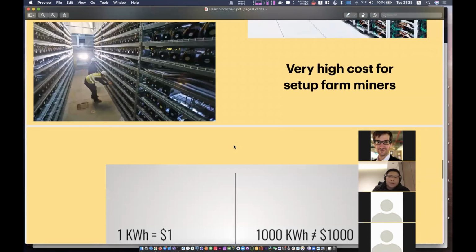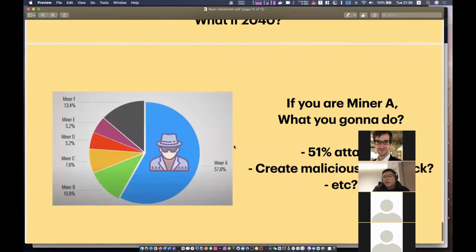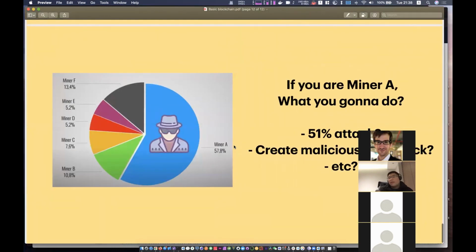Okay, and that's why I want to say, what if you are the miner that already took over, you already have the chance to become more than 50% of the mining power. What can you do first? A 51% attack means that you have the chance to prove the next block every time. Okay, but in the economics of BTC, I think they are very smart.